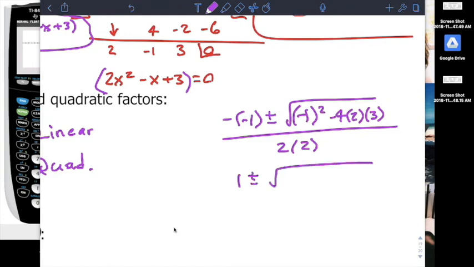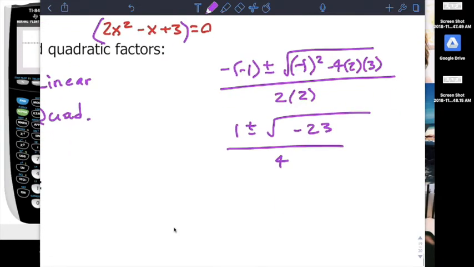Negative 1 squared is 1, and then minus 4 times 2 is 8, and then times 3 is negative 24, so 1 minus 24, this is going to be negative 23. And then all over 4, and can't break down 23, but you can put an i there.